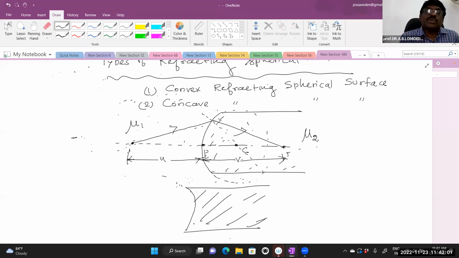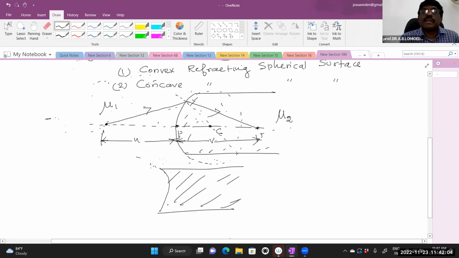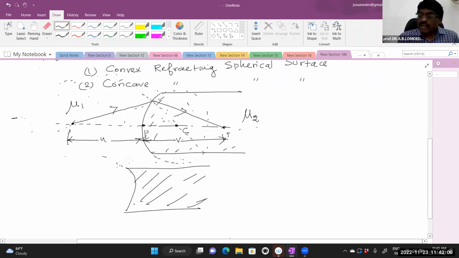For these two refracting surfaces, the governing formula is, note down this formula.